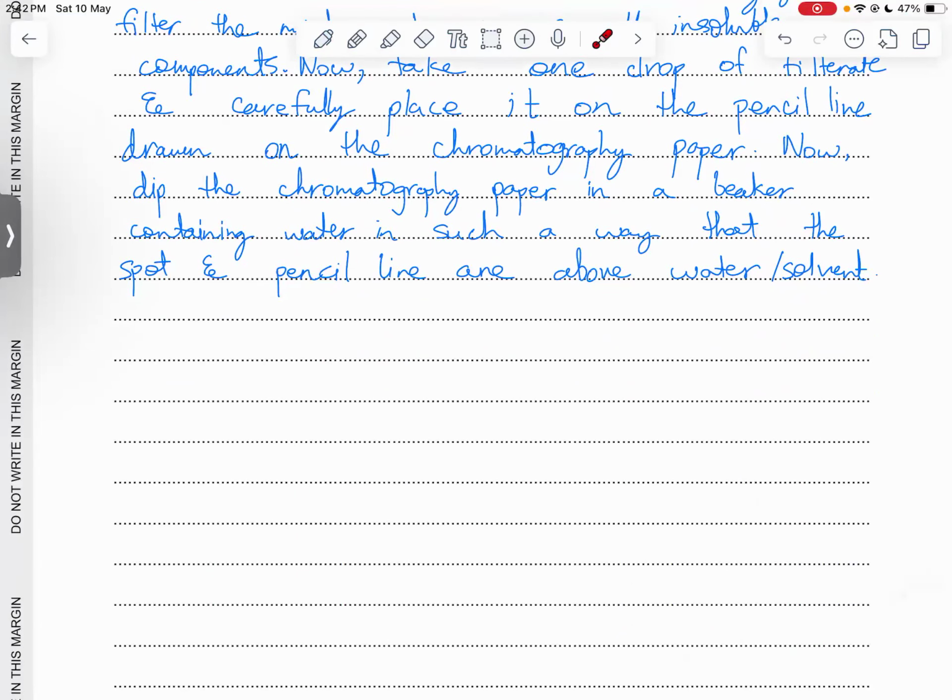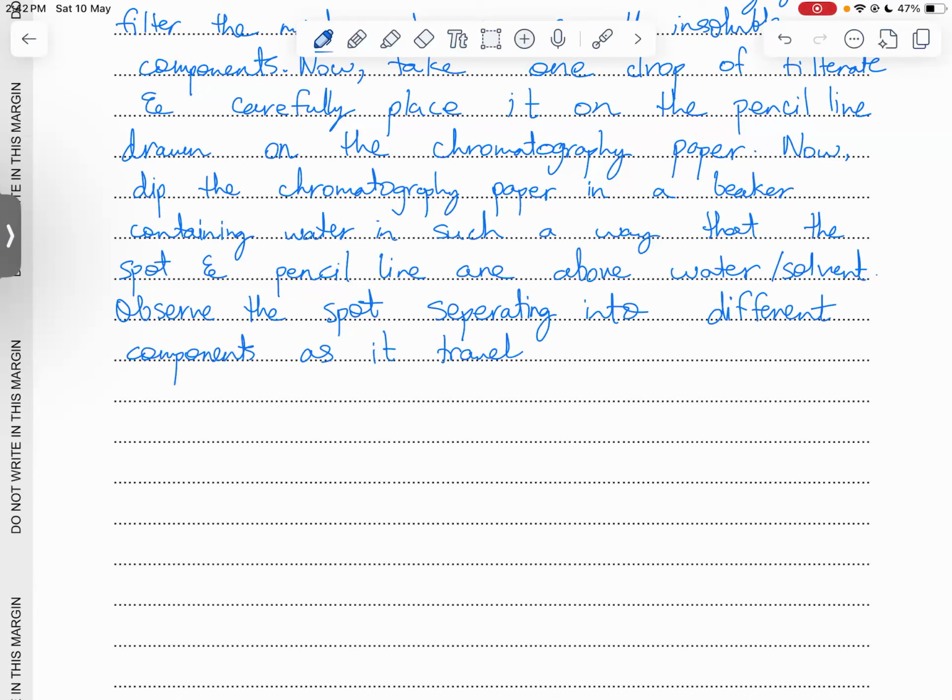Next line that we should write is: observe the spot separating into different components as it travels up the chromatograph.